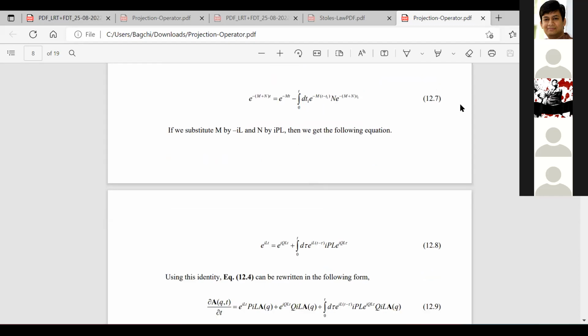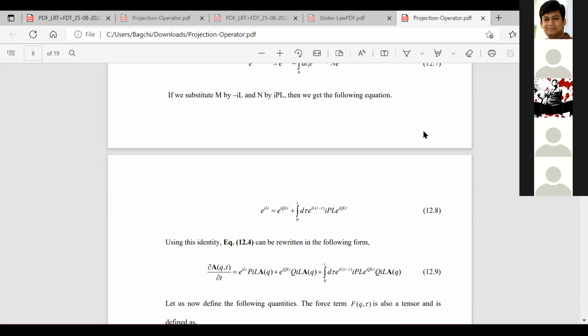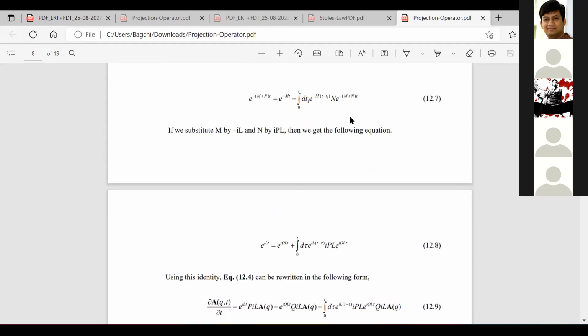Okay, now we have this 12.7. So in 12.7, I now write m plus n as my p and q, so m is minus iL and n is iPL. Then I put it there. It will be e to the power iLt, e to the power iQLt d tau, e to the power i(L t minus tau)PL.